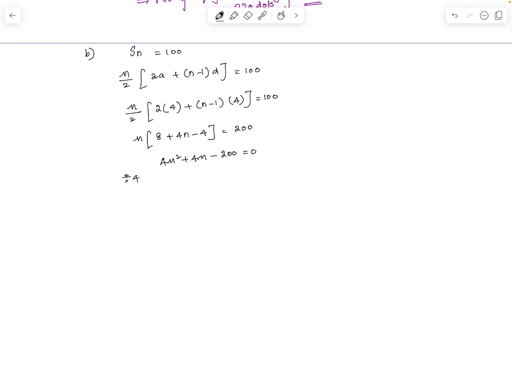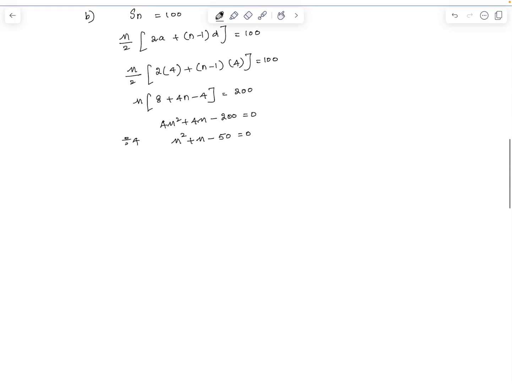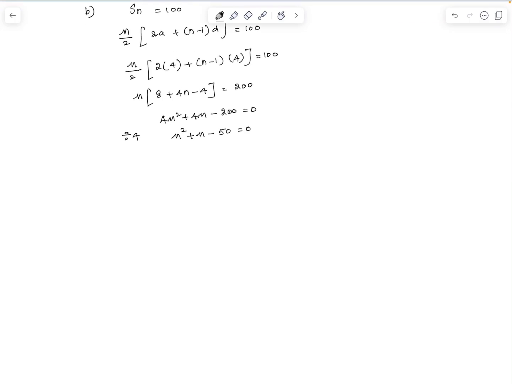Dividing this equation by 4, we get n square plus n minus 50 is equal to 0. For minus 50, we can't get two factors that add up to the coefficient of the middle term. So we will go in for the quadratic formula.